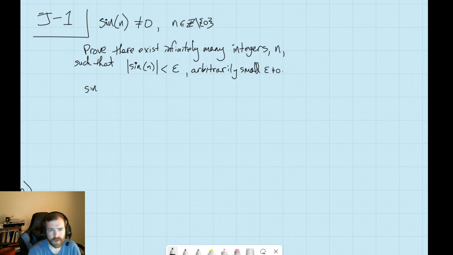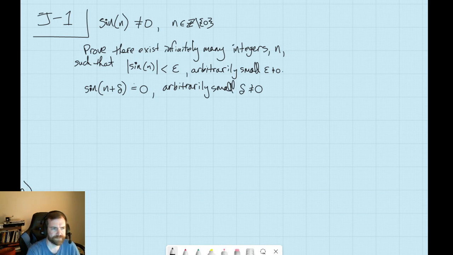So this is saying that if we take sine of n plus delta, we will get 0. This is what I'm getting for arbitrarily small delta, which is itself not 0. Okay, so this is what I'm seeing.